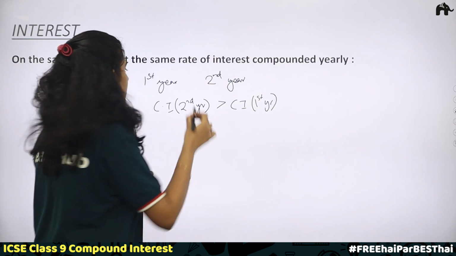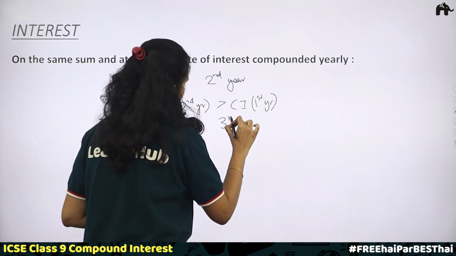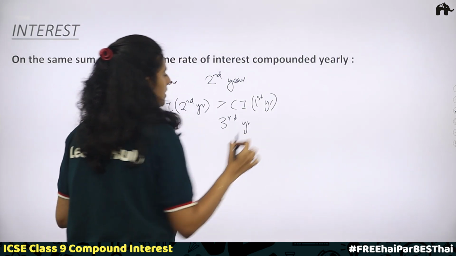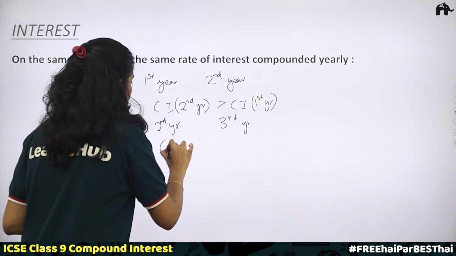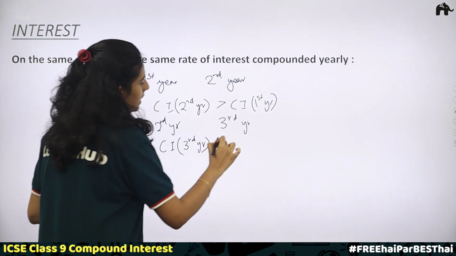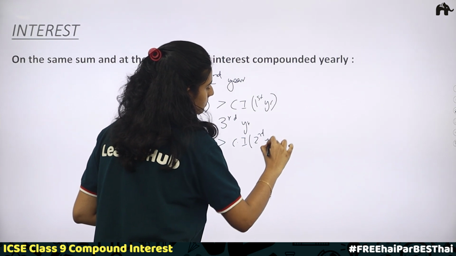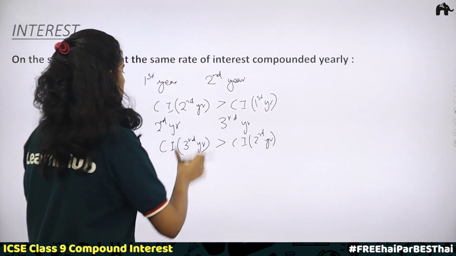If you are taking the second year and third year, in this case how will it be? The compound interest at the end of third year will be greater than the compound interest at the end of second year. Yes, so you have to remember this.